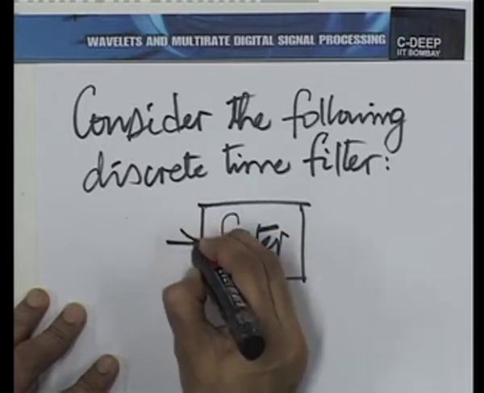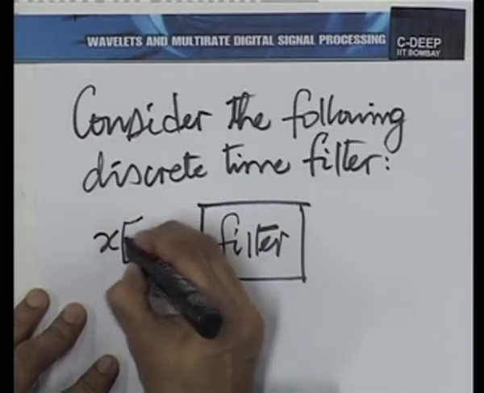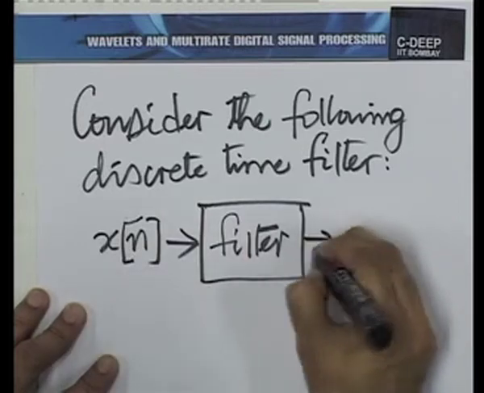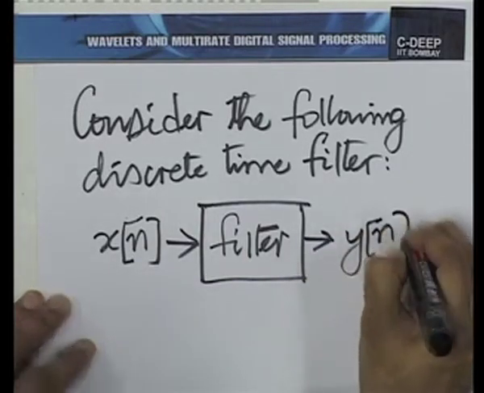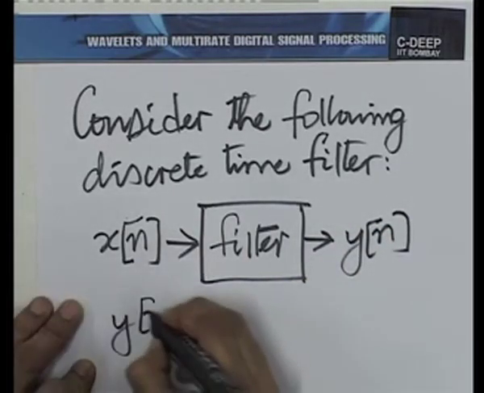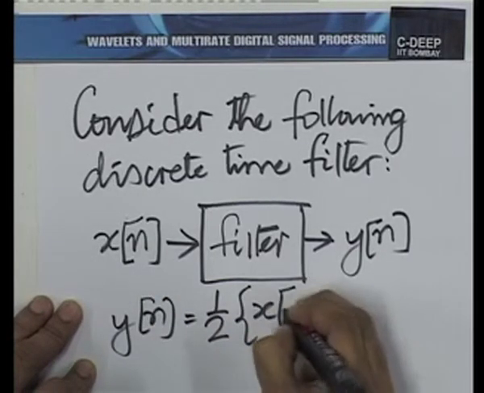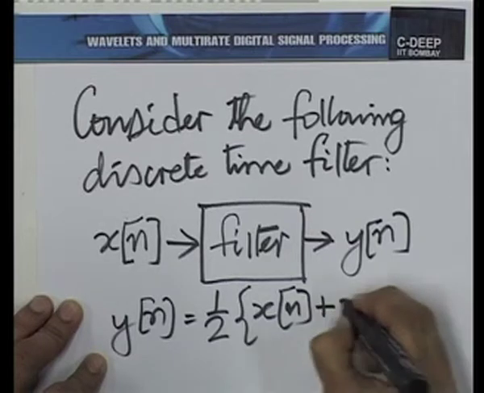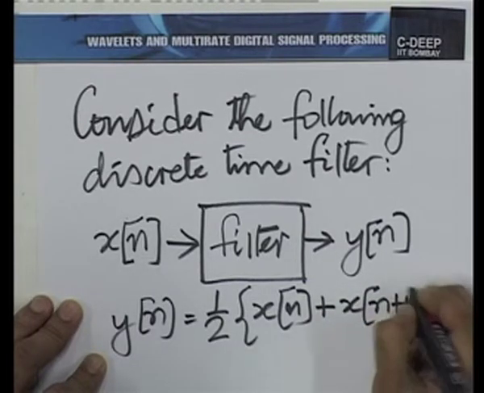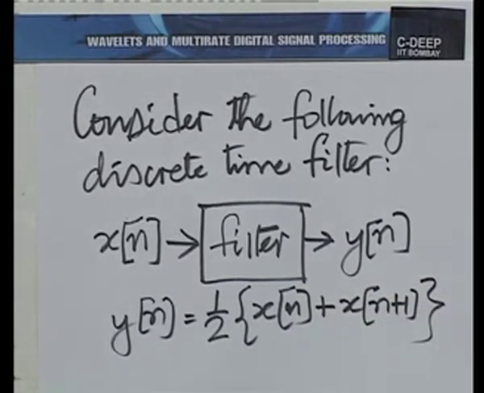Let the input be x of n and the output be y of n, and y of n is half x n plus x of n plus 1. You know, it is a non-causal filter. Let us not worry too much about it for the moment. Let us accept it even if it is non-causal.